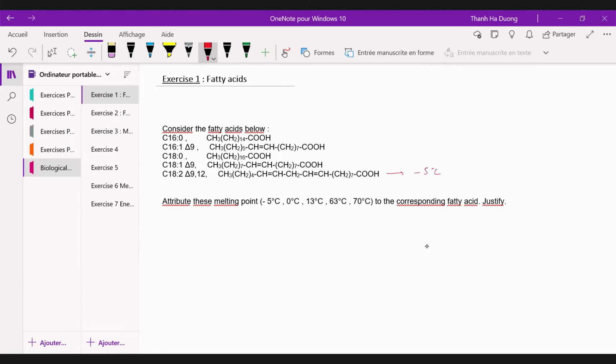Okay, so we have this one, the 17. 0 degree will correspond to C16 one. Yes. So the 13 will be C18 one. Yes.